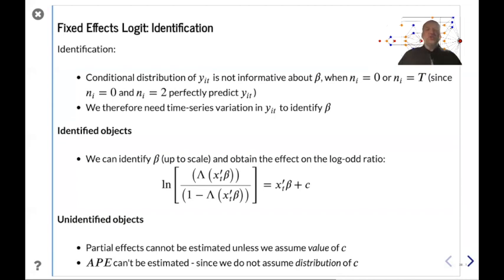See, the conditional distribution of y_i is not informative about beta. Similar to the linear regression models, if you don't have any time series variation in y_it, you would not have any information about beta.